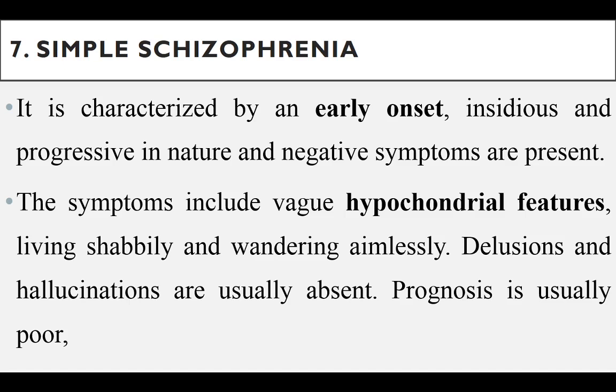Wandering behavior, most of you have presented cases where patients have wandering behavior. They roam, they walk, they wander, okay, aimlessly. Delusion and hallucination are usually absent, but the negative symptoms are present, and the prognosis is poor.